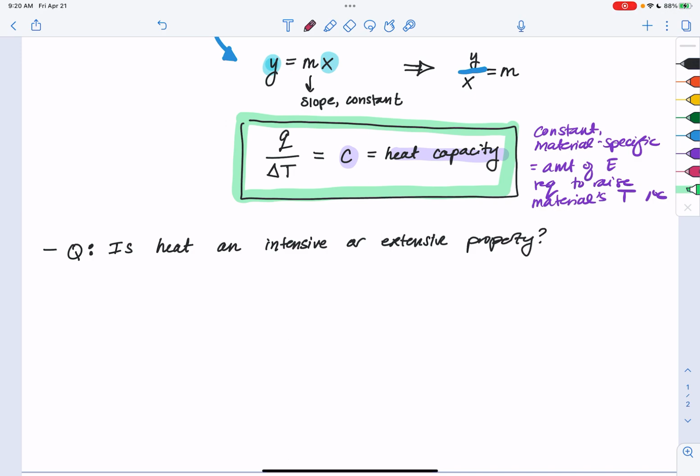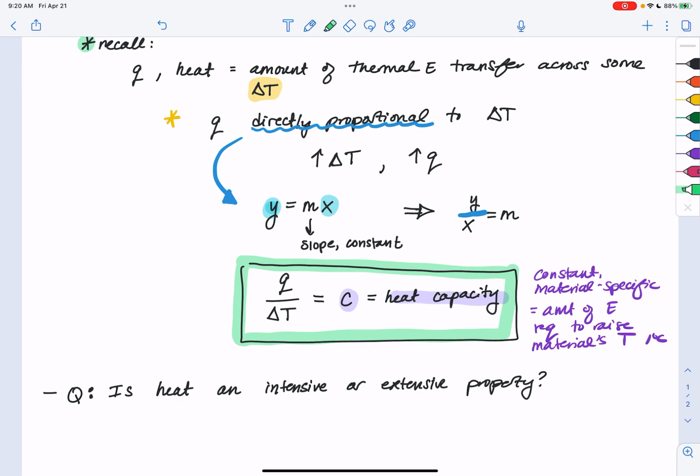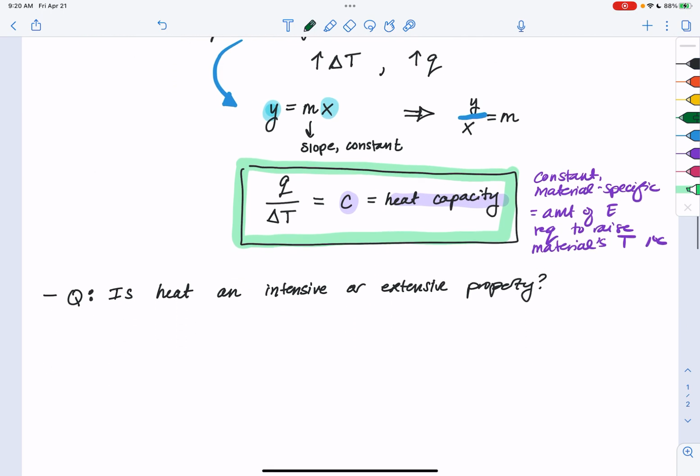Let's refresh on these terms. Remember, heat is the amount of thermal energy across some temperature difference. So this is thermal energy transfer.